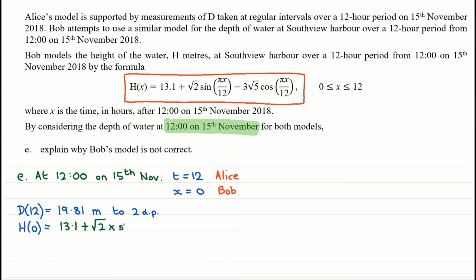Multiplied by the sine. Now, if I put 0 into this, it's going to be the sine of 0. And then I'm going to be subtracting 3 root 5 multiplied by the cosine of 0. And we know from long experience now that the sine of 0 is, of course, 0.